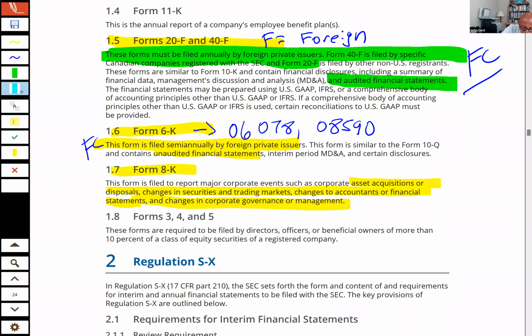So flashcard it: it is a form that reports major corporate events such as, and then you can see the examples there. And you'll see that in multiple choice question 08999.